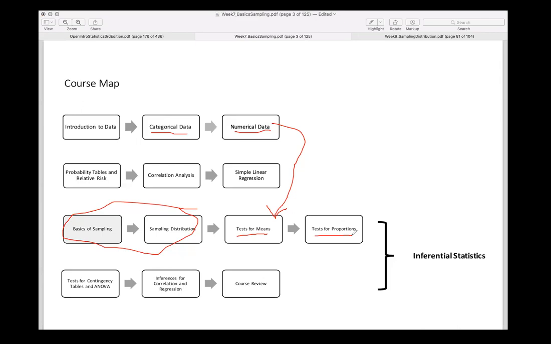Say, is the proportion of male and female different by religious denomination? Are women more likely to be Catholics versus Protestants, for example, in terms of the Christian faith? That's just an example. That's an application of inferential statistics with categorical data. So we're just revisiting that.